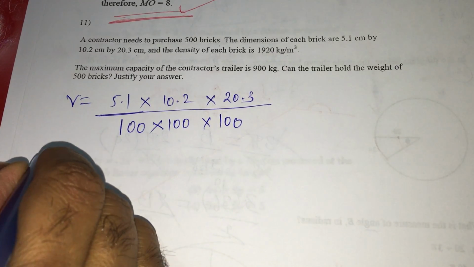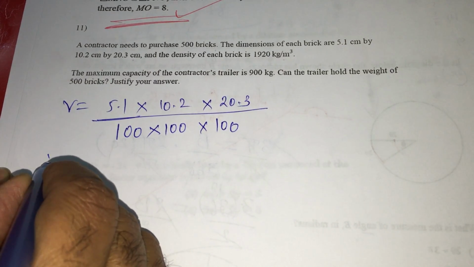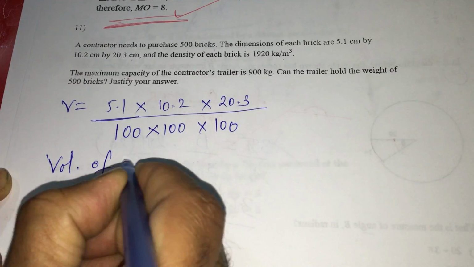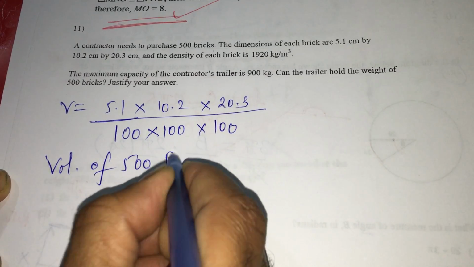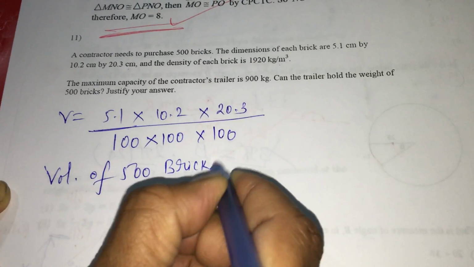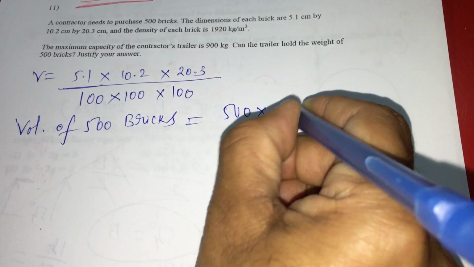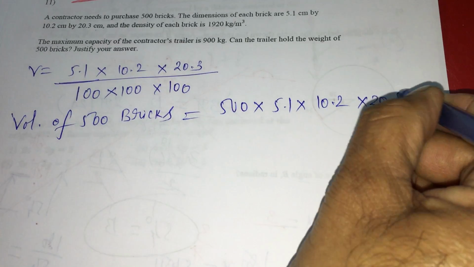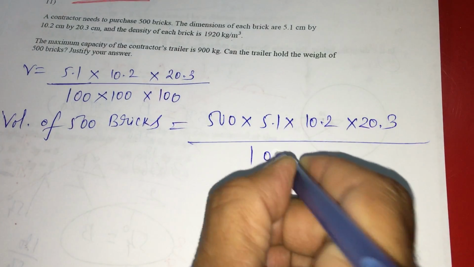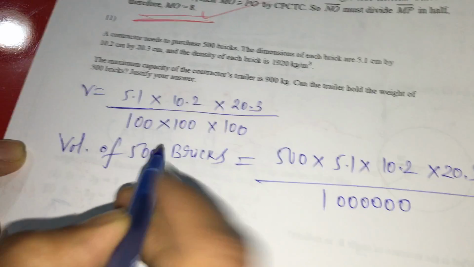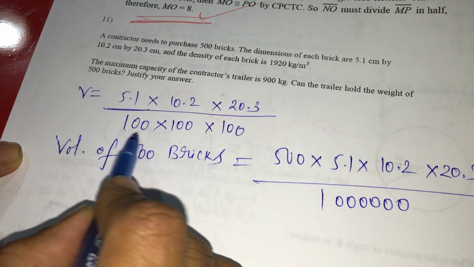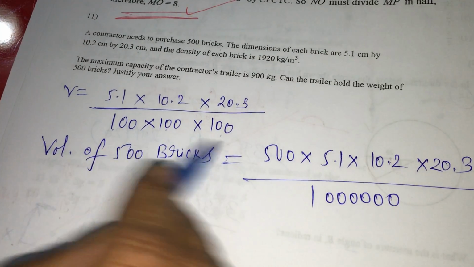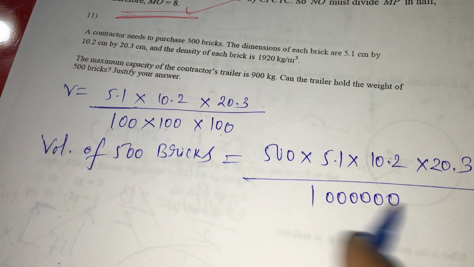But I want the bigger volume of 500 bricks. Volume of how many bricks? 500 bricks. That's why I am writing the volume of 500 bricks is equal to 500 times 5.1 times 10.2 times 20.3 over 1 followed by 6 zeros, because when you multiply 100 times 100 times 100, you get 1 followed by 6 zeros.